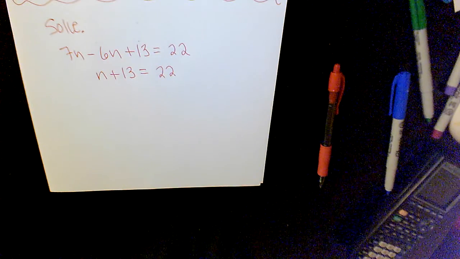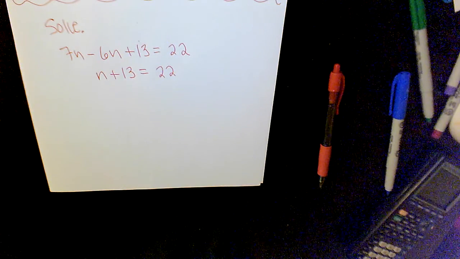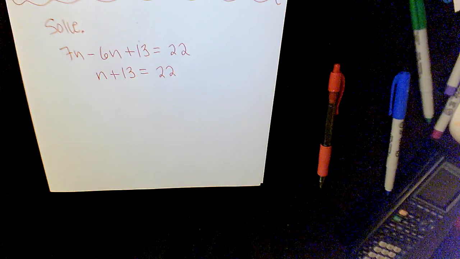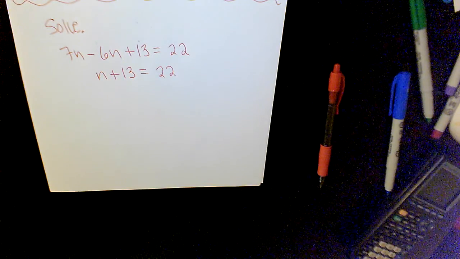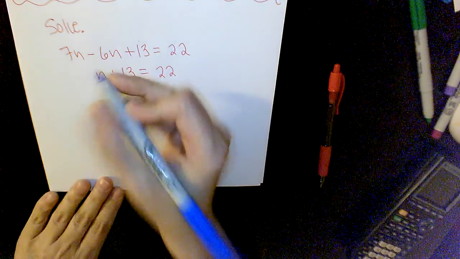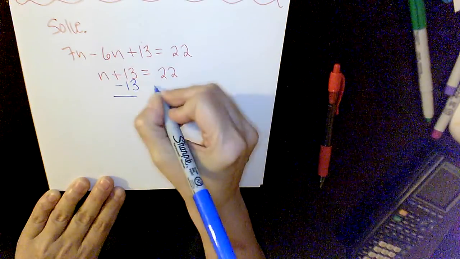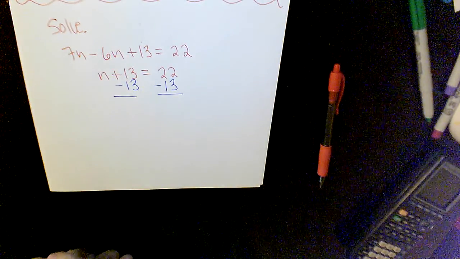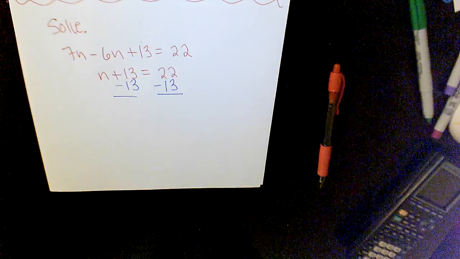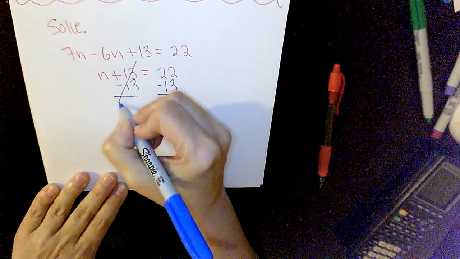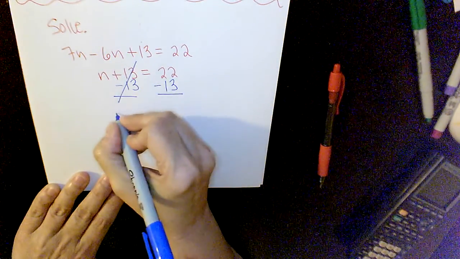Okay, now this looks like one of the problems I did in 2-3 part A. So I'm adding 13. What's the opposite of adding 13 to both sides? Well, I'm going to subtract 13 from both sides. What I do to one side, I need to do to the other. So it equals out. So these 13s go. 13 minus 13 is 0.